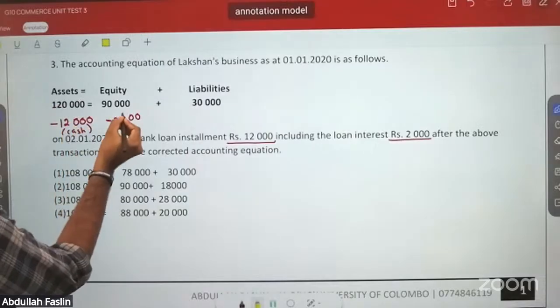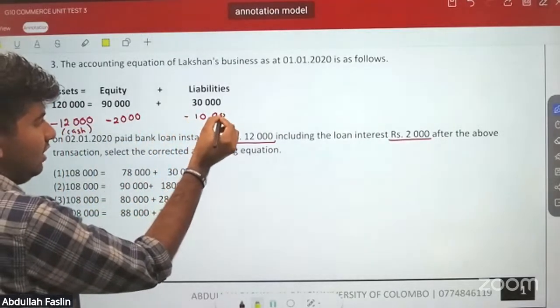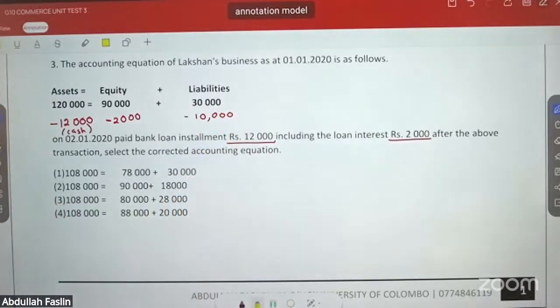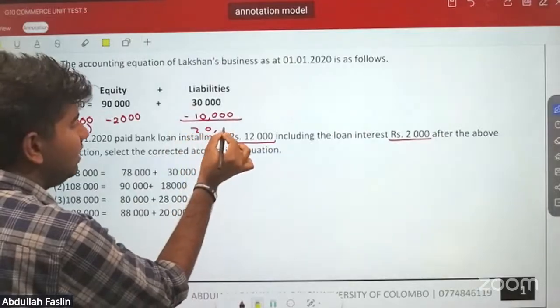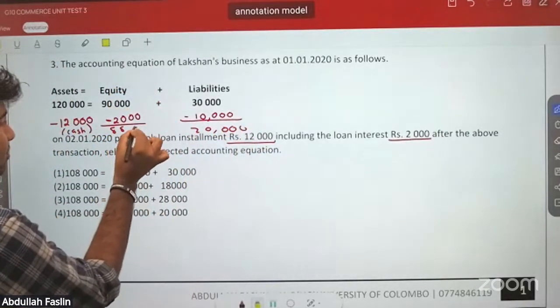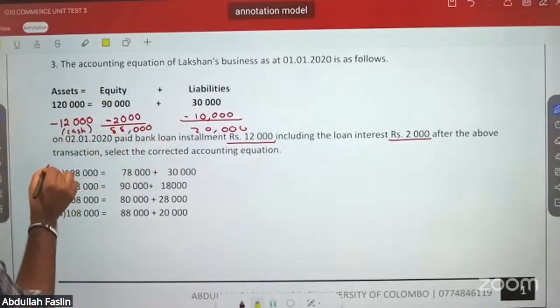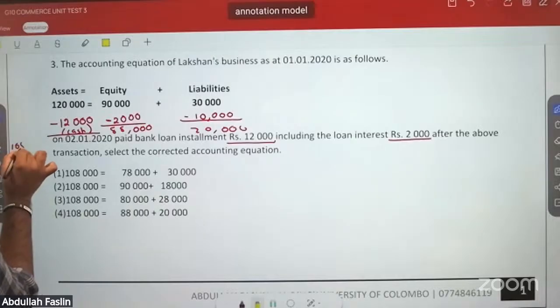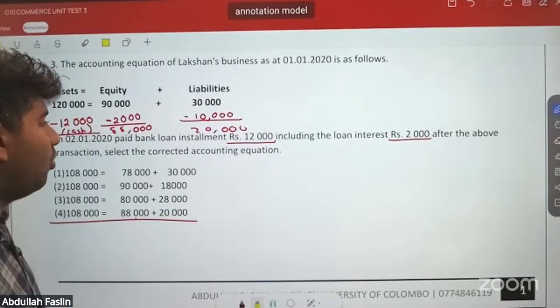Total is 12, equity reduced by 2,000, so liability reduces by 10,000. Now the new equation: 30 minus 10, 20,000 is the new liability. 90 minus 2, 88,000 is the new equity. 120 minus 12, 108 is the new assets. Therefore, 108, 88, 20. The answer is answer number 4.